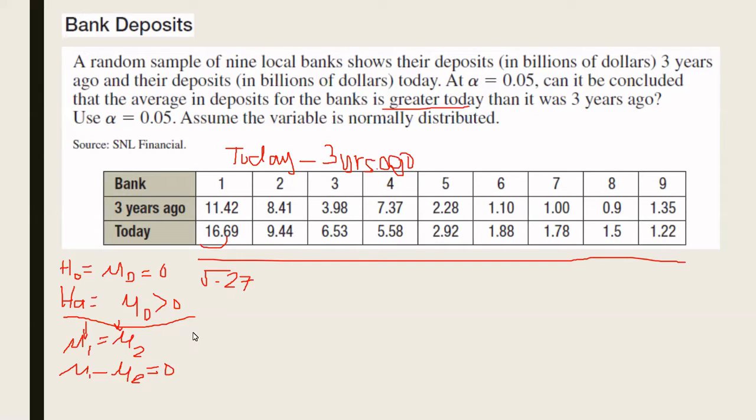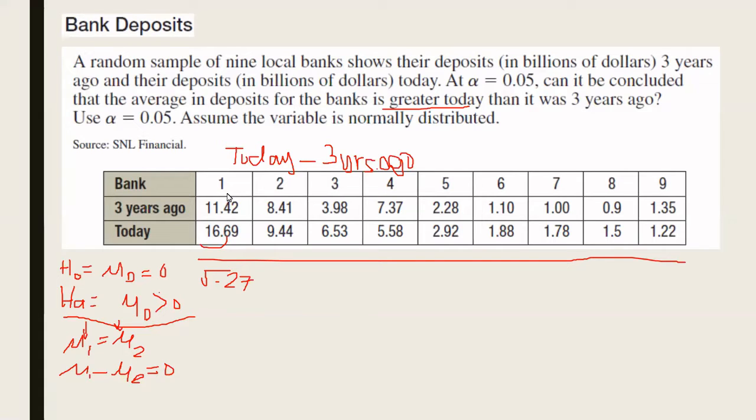Okay. Now, if we compute for the difference, we need to subtract 3 years ago from today, or today minus 3 years ago, because we are concerned with whether this one is true or not, or can be accepted or not.